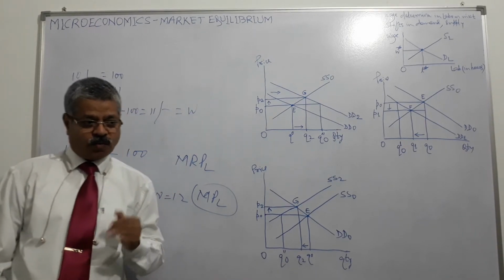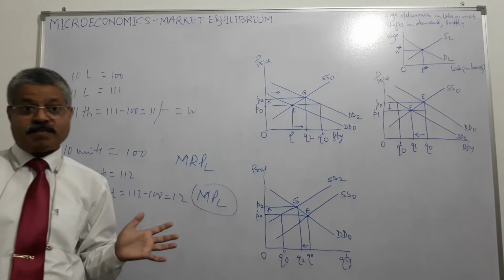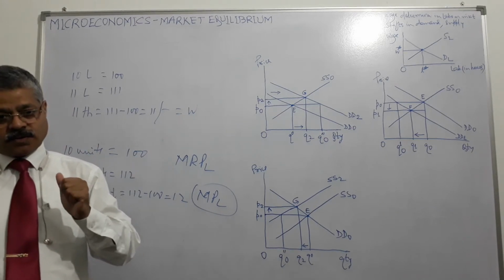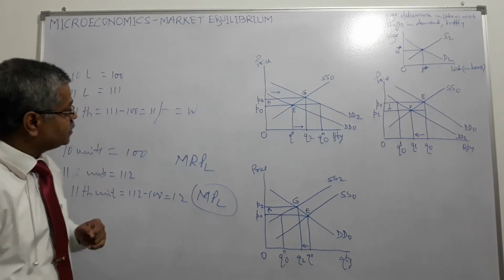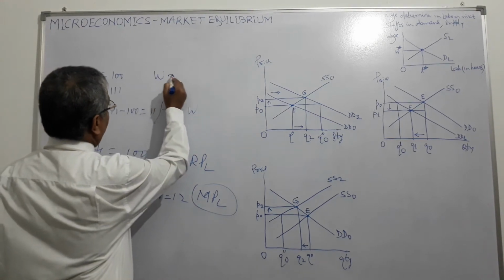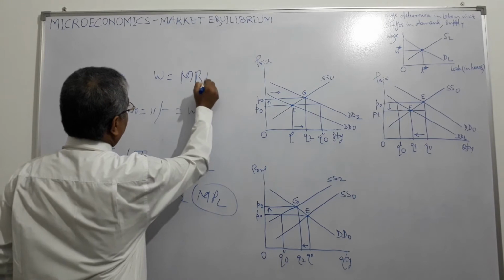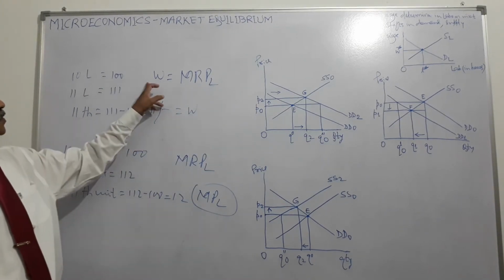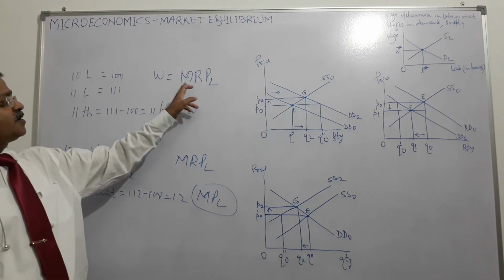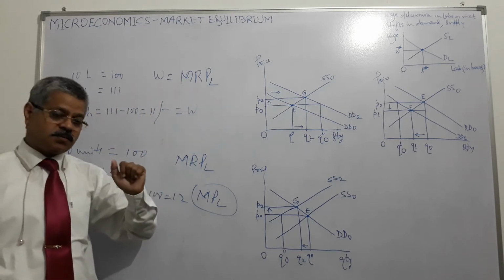So when the firm hires labor, the firm employs labor up to the point where W, the wage rate, is equal to marginal revenue product of labor.